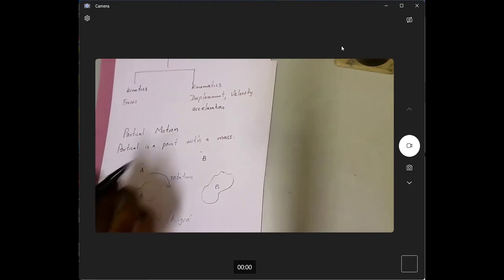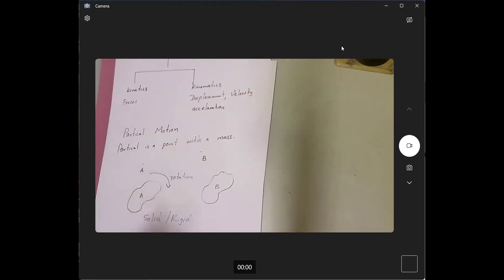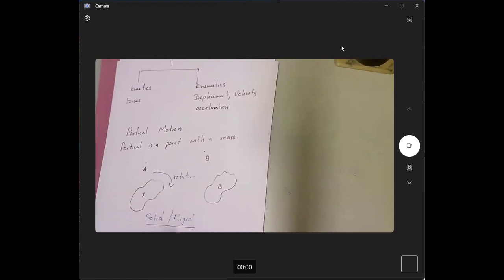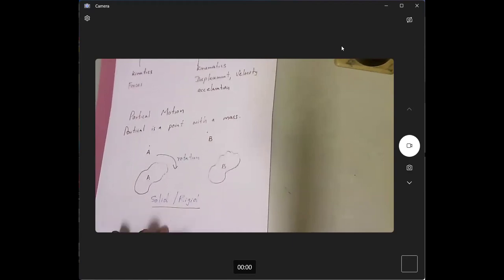So a particle is a point. A solid or rigid object can show change in orientation, right? And what does solid or rigid mean when it comes to mechanics? Are there any things which are not rigid?